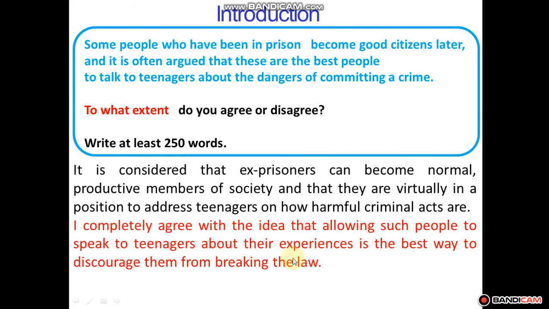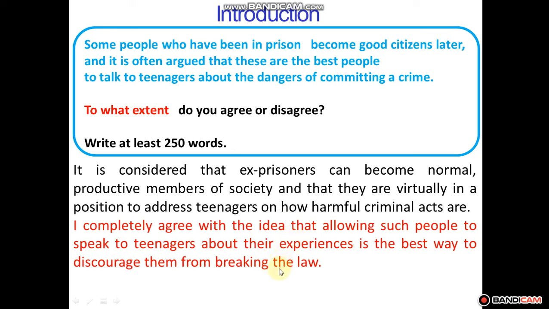And remember, if the thesis is clear, then it is very clear to the examiner what your essay is going to look like in the coming body paragraphs.